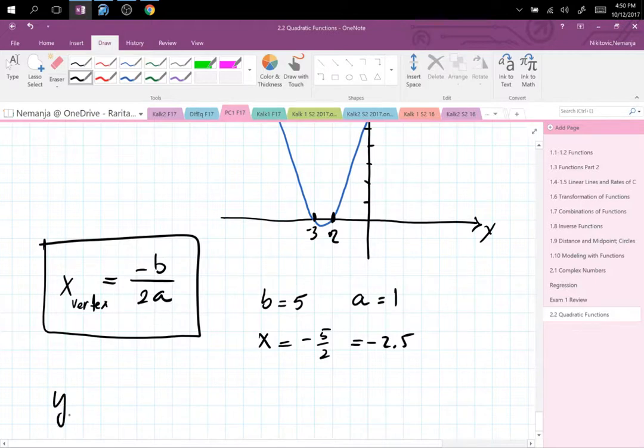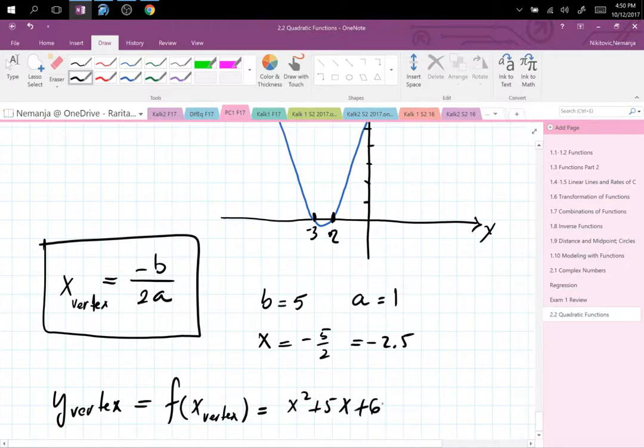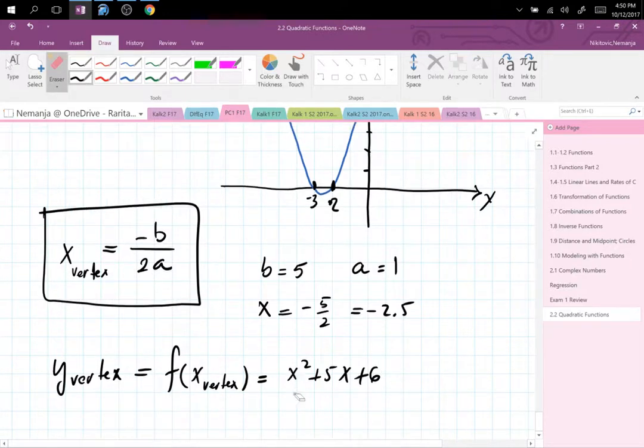Now the y coordinate of the vertex is going to be the function computed at the x of the vertex. So this is x squared plus 5x plus 6, but you have to plug in -5/2. Just compute that. You get a value. So the square will kill the negative.